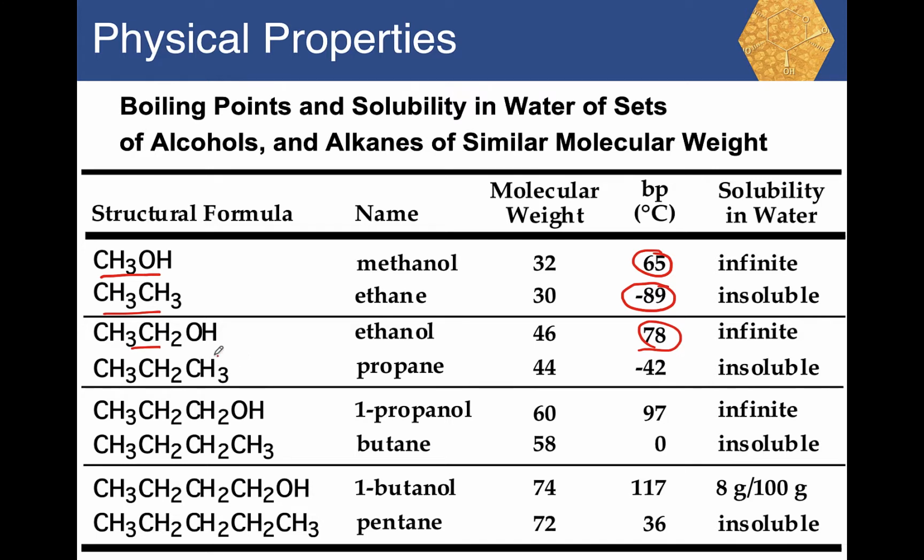Propane, which has a similar molecular weight, is minus 42, a much lower boiling point. It's a gas at room temperature because, again, of the intermolecular hydrogen bonding that exists between the alcohol molecules. So energy must be supplied to break them to have it boil. Therefore, it requires more heat and a higher boiling point.